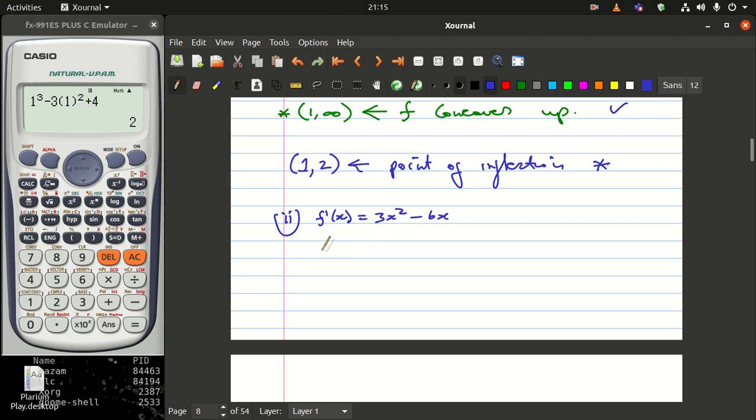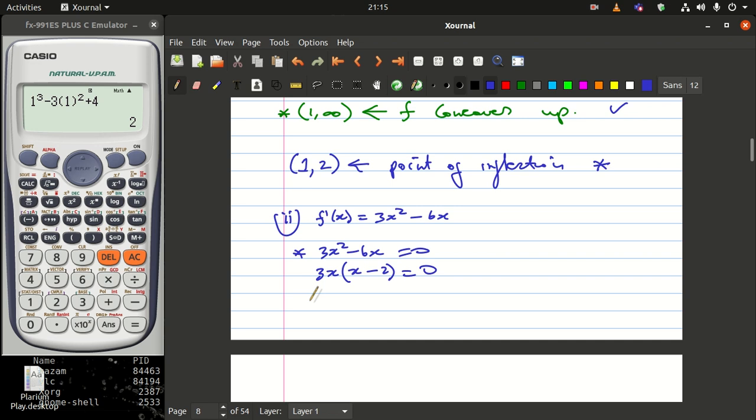The second thing, you want to set it equal to 0. So we want to set 3x squared minus 6x equal to 0. I have a 3 and a 3 contained there, and an x and an x, so 3x is common. Once 3x is taken out, there is 1 here, and then 3 divided by 3 is 1, and x squared divided by x gives x, so we end up with x minus 2 equal to 0.